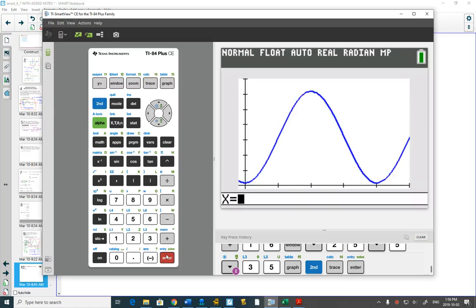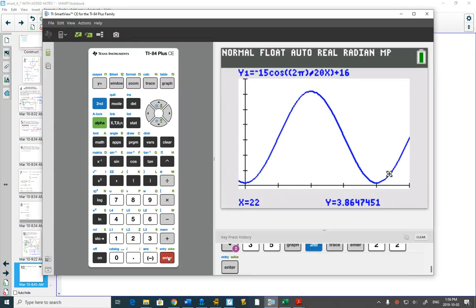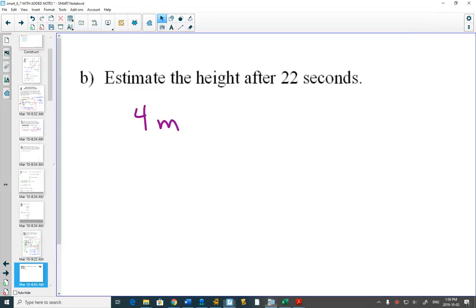What's our y value when x is 22 seconds? 3.86. Oh, my estimate was good. So the actual height was 3.86 meters.